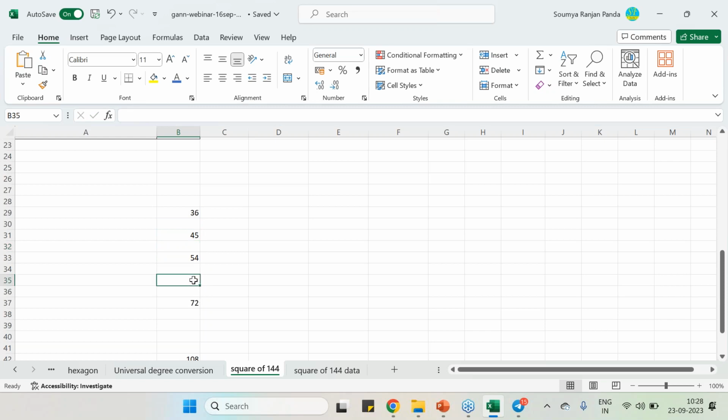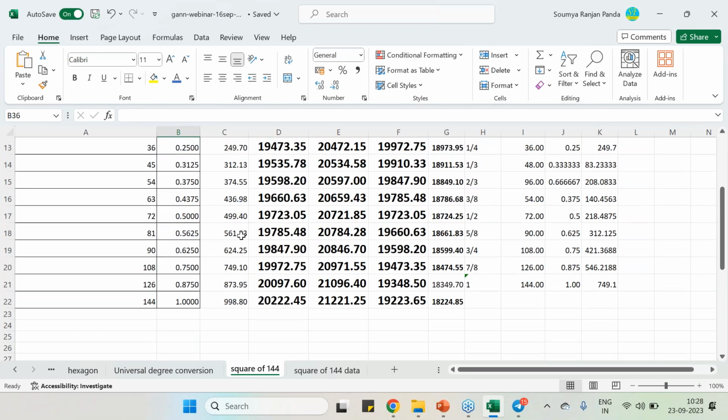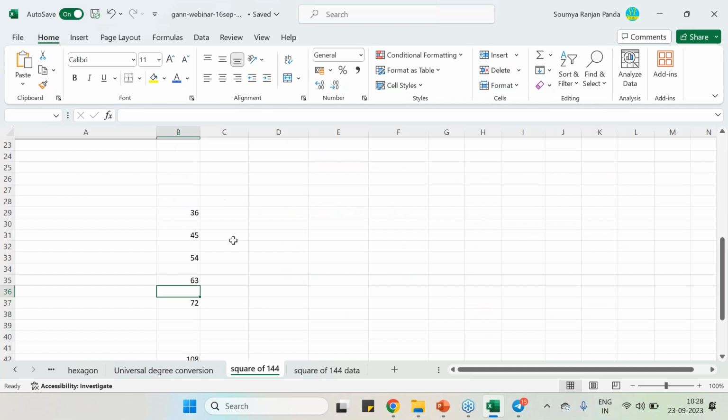So 45 also came. So all that Gann talks about in that particular literature, you are finding out one by one, by understanding, not by mugging up. 63 also came, 54 also came. So here we are completing 1 2 3 4 5. On the top side, from 72 to 36 our 5 numbers are completed.